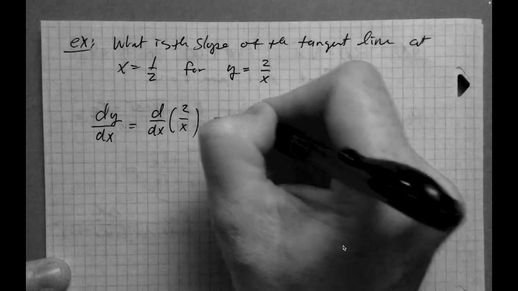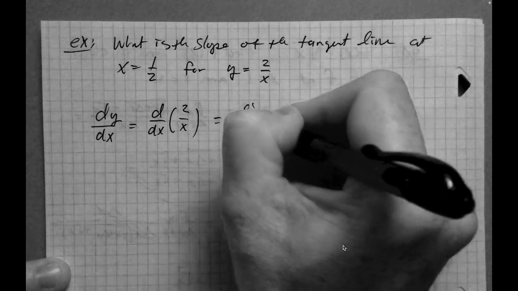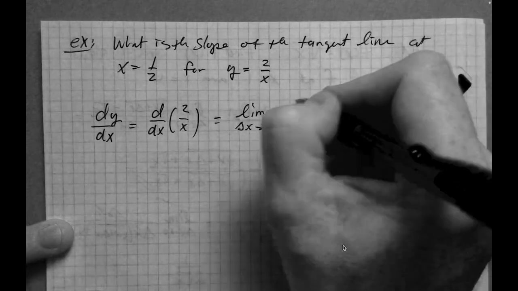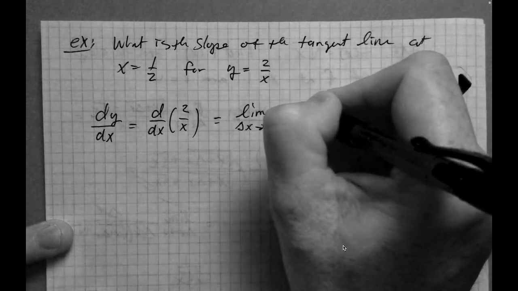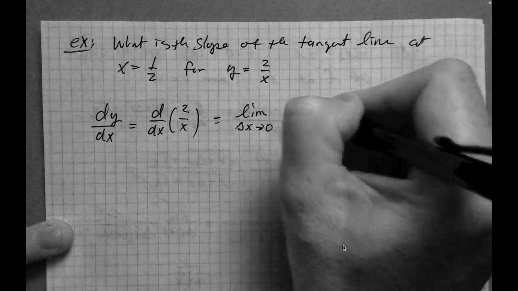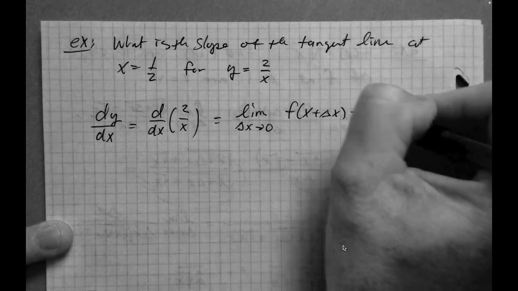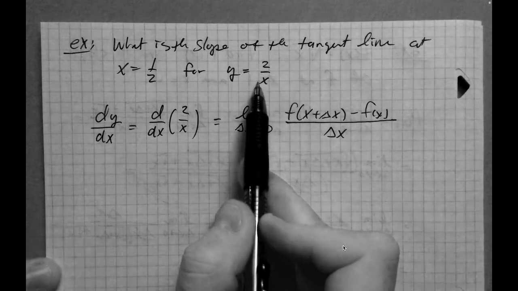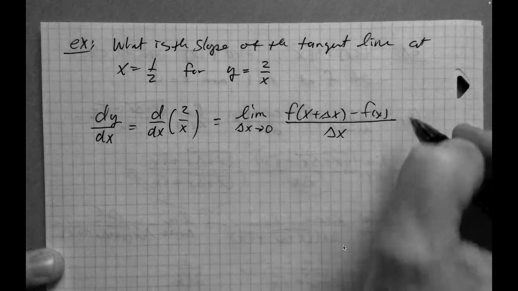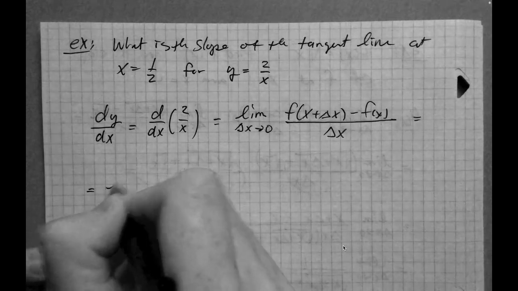Well, that's going to be equal to the limit as delta x goes to 0 of f of x plus delta x minus f of x, over delta x. This one is a little bit weirder because the x is in the denominator, so you want to be careful when you're plugging this all in.